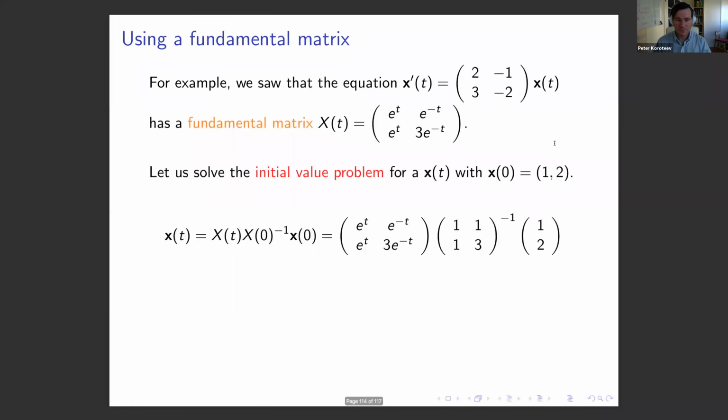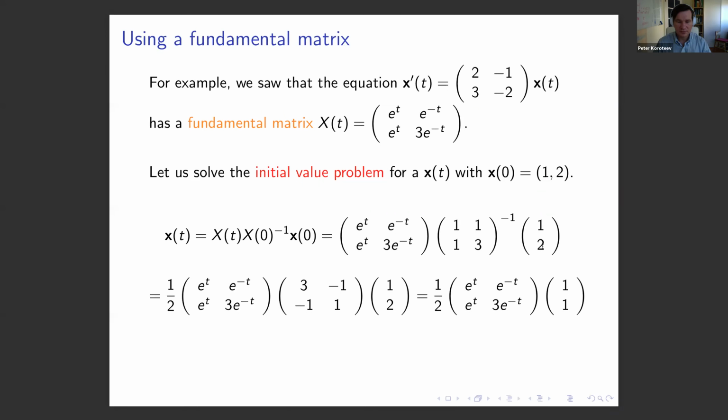And therefore, we can readily write down the answer. This is capital X of t times capital X of 0 inverse acting on x of 0. So we get the 2 by 2 matrix times X of 0 inverse times the vector 1, 2.